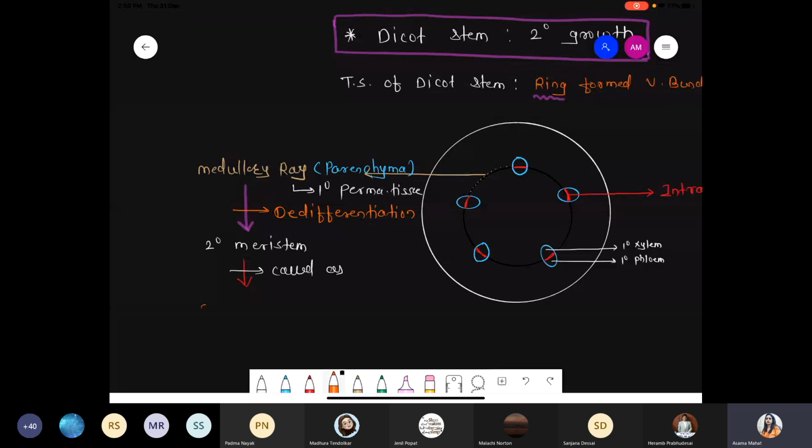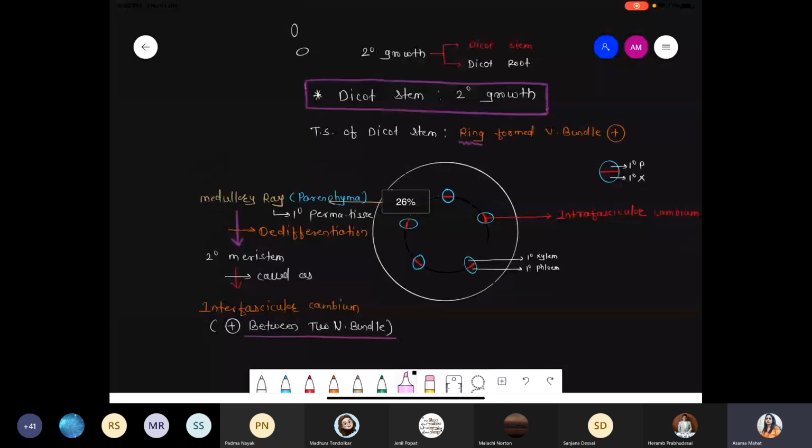It's called inter. Why inter? Because it is present between two vascular bundles. Interfascicular cambium. And why are we talking about the inter? Because they are present between two vascular bundles. Okay? So what is the important point here?